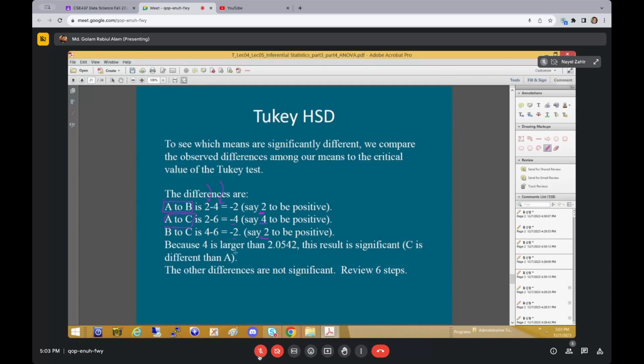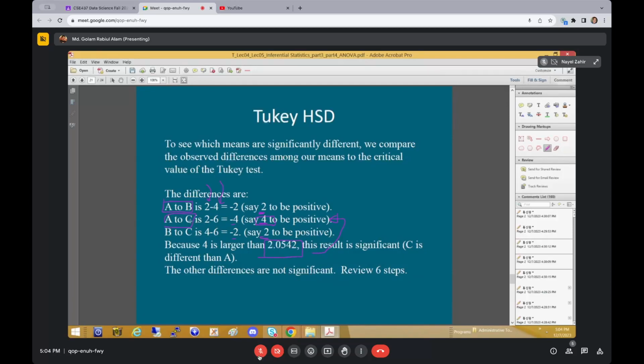So these are the absolute values. Now we can see that our HSD value is 2.054. We have to find the value greater than that. The 4 is the value greater than that. So in this case, it is A to C. Here it is negative, since C is 2 minus 6.